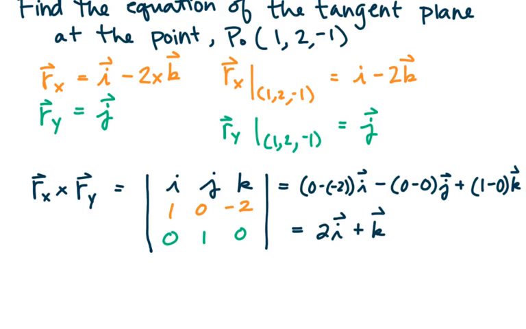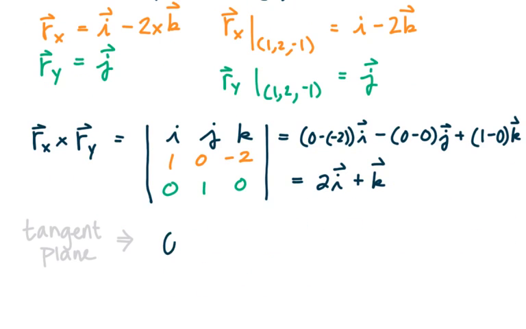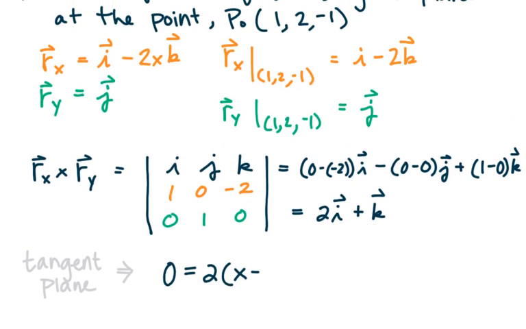Therefore, we can write the equation of the tangent plane. We'll say 0 equals 2 times x minus 1, and that 1 comes from the given point, plus 0j. We don't really need to write that, but I'll just write that so it makes sense. So 0, and then we'll have y minus 2, and plus 1, we'll have z plus 1.